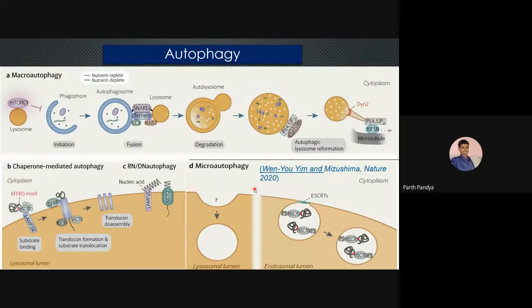So 4 types of autophagy are found. One is called macroautophagy. Macroautophagy is where the lysosome engulfs a bigger part, double its size. In this phase, mTORC1, a protein attached to the lysosome, stops macroautophagy. But when nutrient depletion conditions occur, the conditions change, and mTORC1 dissociates from the lysosome.